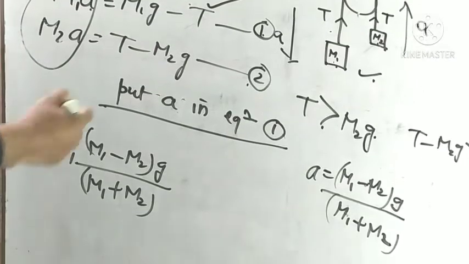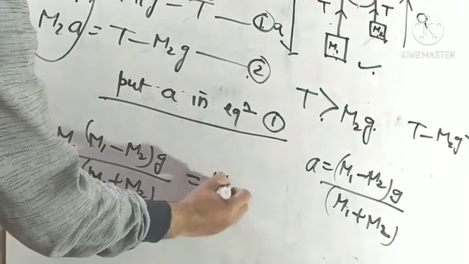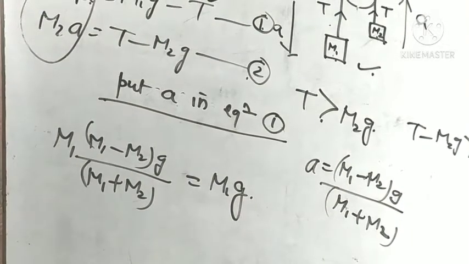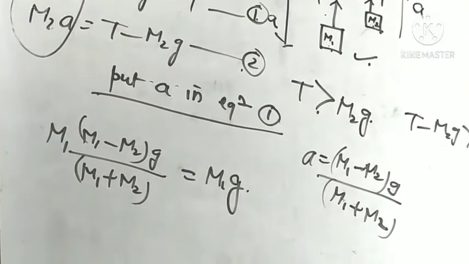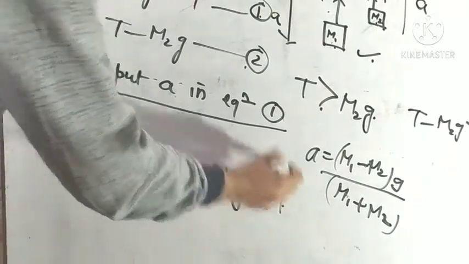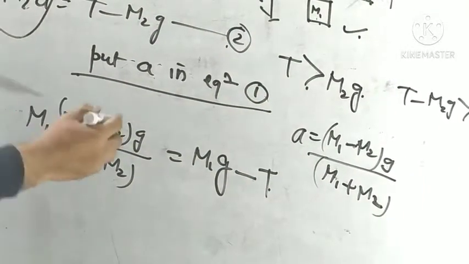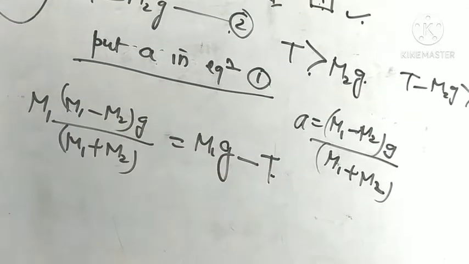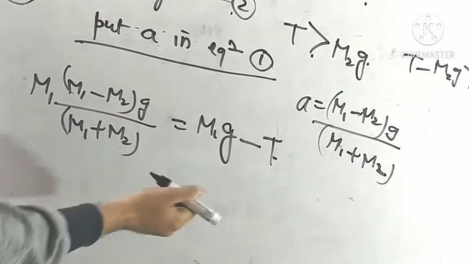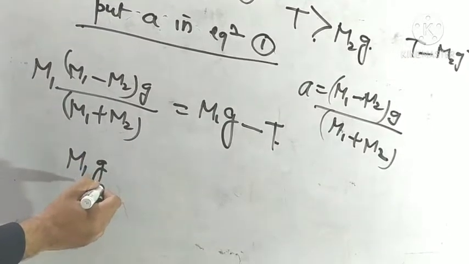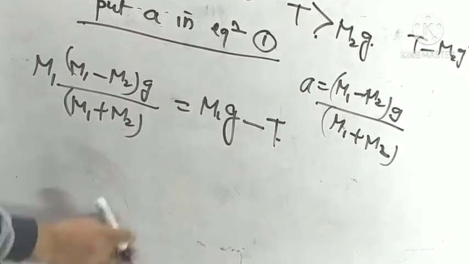It is equal to m1g minus T. Here we have to find the tension T in the string. So we can write m1g.